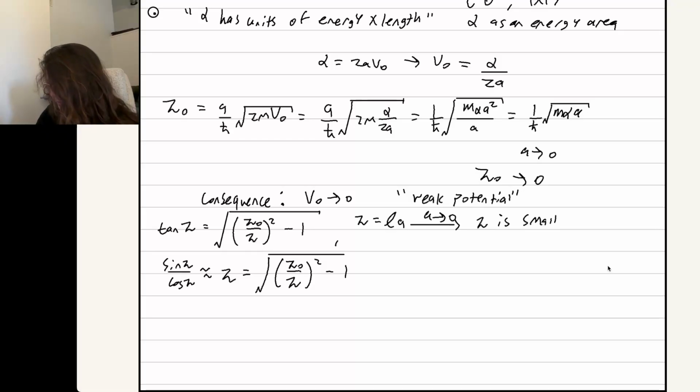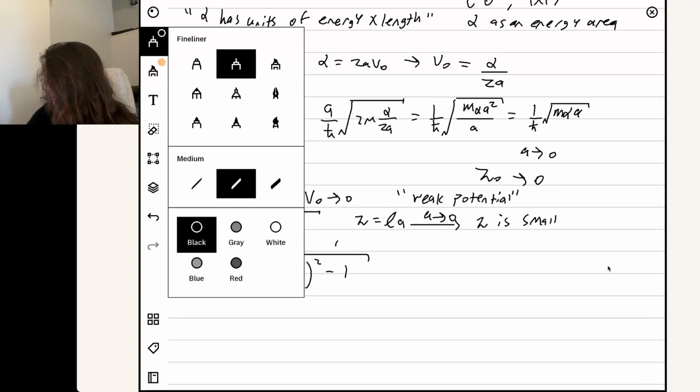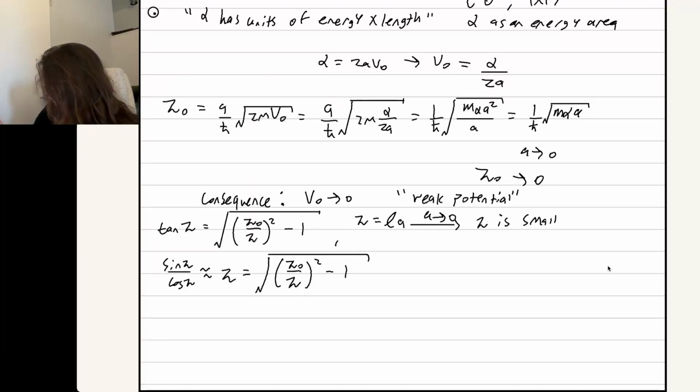We're going to do a couple different things to this equation. First of all, we're going to multiply both sides by z. So we're going to have z squared equals, and then if you factor the z through into the radical, you just have root z naught squared minus z squared.